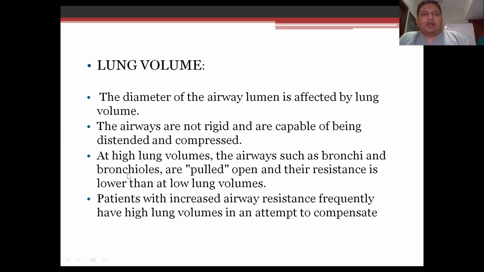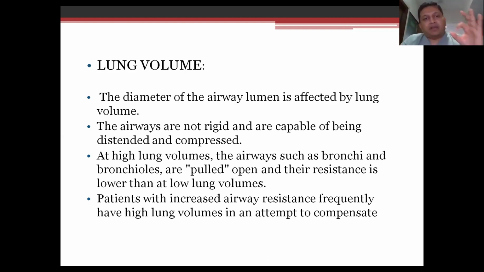Lung volume. The diameter of all airway lumens is also affected by lung volume. If the lung volume is very low, what will happen? It will compress the airway. And if the lung volume is high, because you have put enough tidal volume into the lung, then due to the elastic property of the lung, the elastic lung tissue surrounding the airway is contractile, so it will pull the airway open and keep it stented.